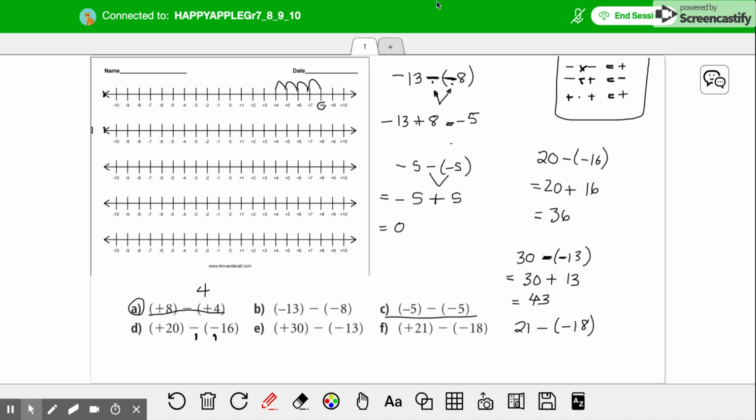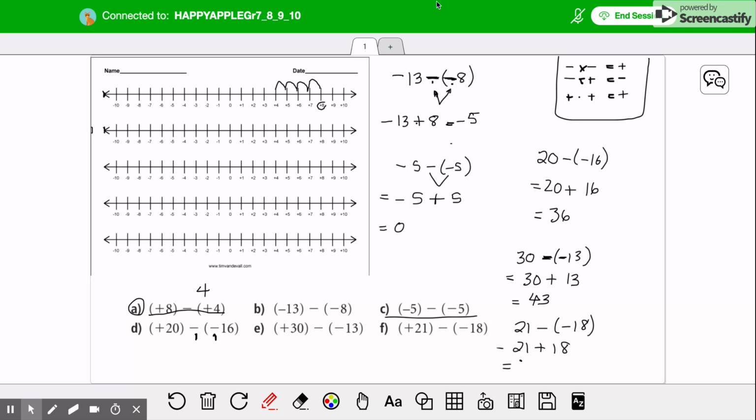Okay, the last one is 21 minus 18. So what does the minus become? That becomes a positive. And 21 and 18 is? So negative 21 plus 18 would be -3.